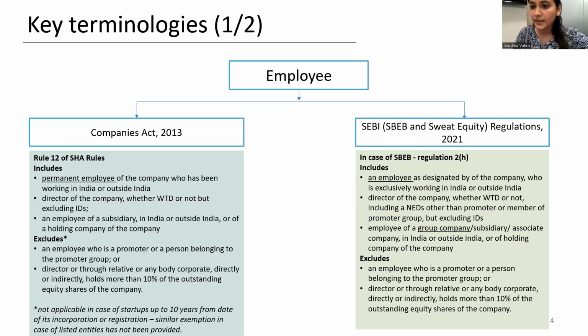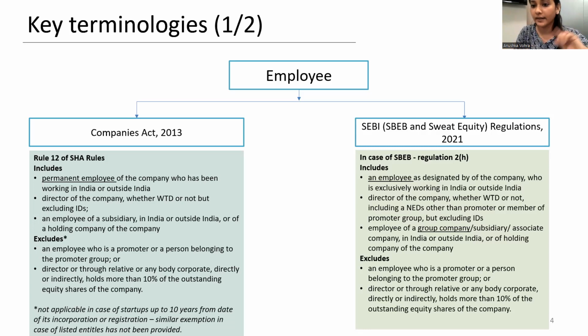When I talk about SBEB regulations, one difference is that previously there was the 2014 regulation. The share-based regulations of 2014 were repealed, and then the 2021 regulations came into picture. Under the 2014 regulations, they also mentioned the concept of permanent employee.